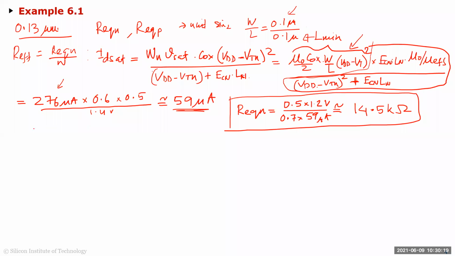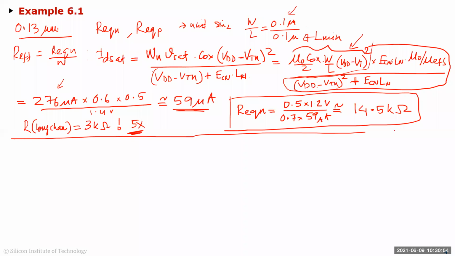I'll call it R long channel. If you calculate it with your old equation, it would have actually been about 3K. That's huge, because this is almost 5x lower, which means that if you had calculated a certain delay, you would be 5x off. Like I said, you can still use the old equation for very close approximations, but using this gets you quite a bit more accurate. That's why when you go to short channels, you'll see that the effect is huge.